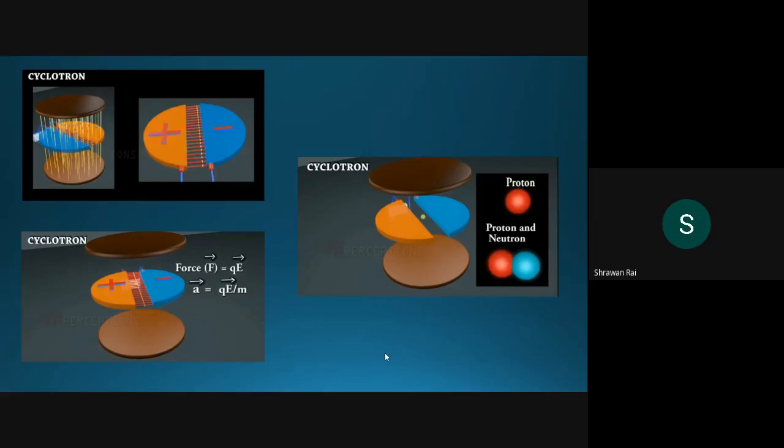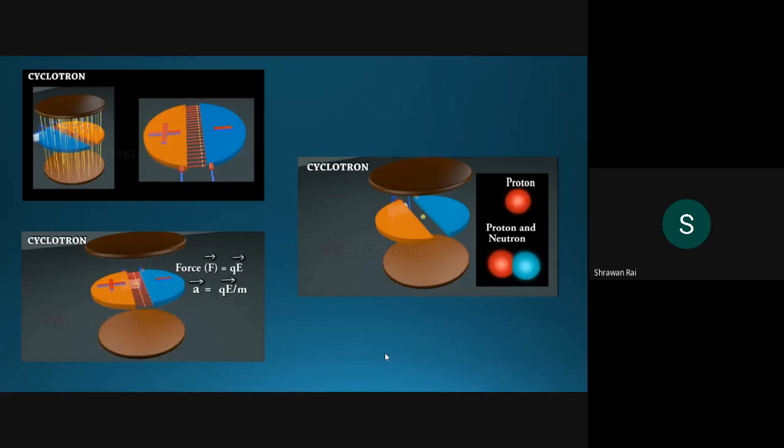Then when the particle enters D2, there is no electric field, but due to the magnetic field acting perpendicular to it, the particle experiences a centripetal force, which makes the charged particle move along a circular path. As soon as this particle comes out of D2, it is influenced by the electric field. Then the electric field accelerates the charged particle to a velocity v1.